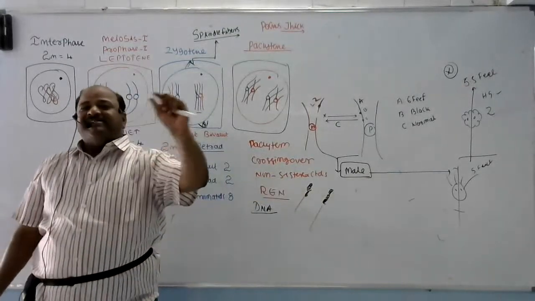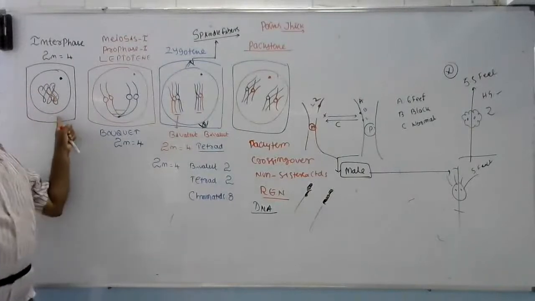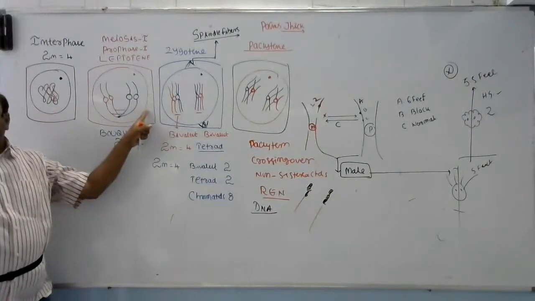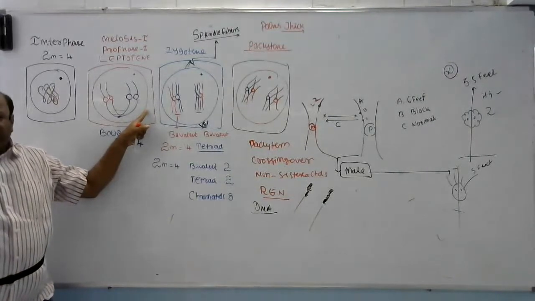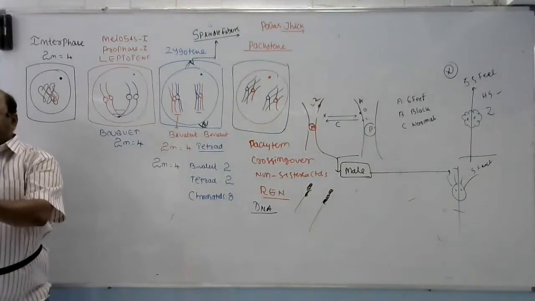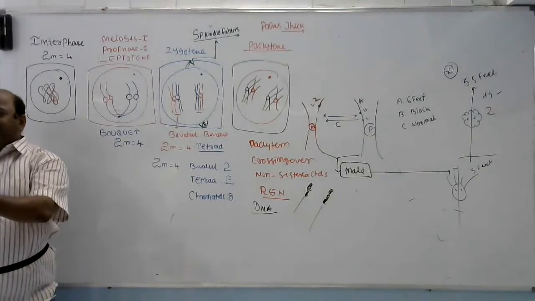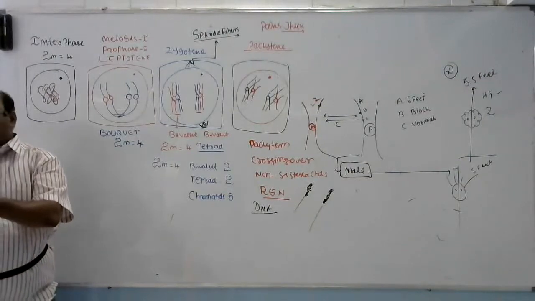So for your understanding, a small story. In the beginning of a film, hero and heroine, at first they never share a cup of coffee side by side. A bench is there, opposite to two chairs. Okay, maternal chromosome, paternal chromosome.